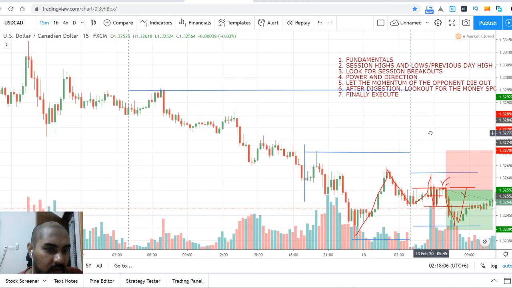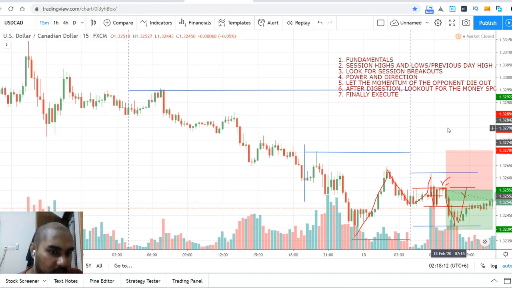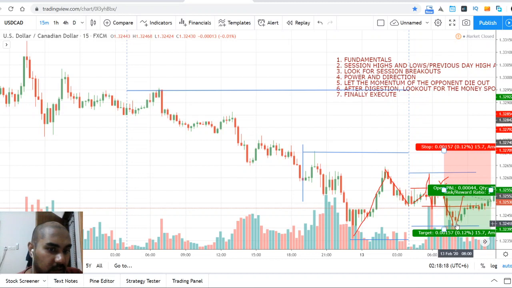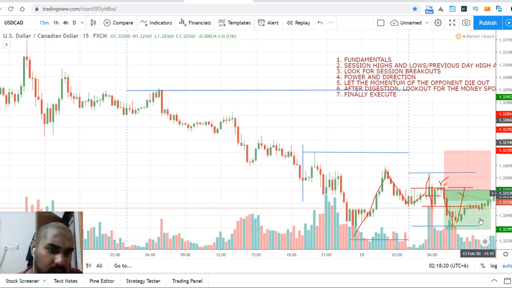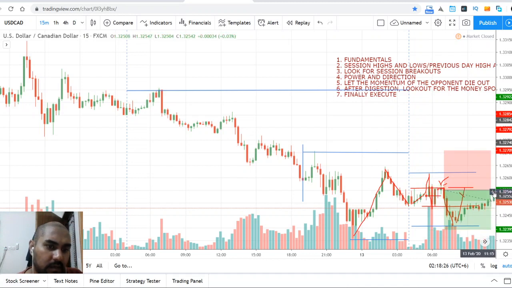Next candle. Okay, so prices are coming back to my selling rate. Okay, the next one. Prices have come back very slowly, but after this move prices have come back like 100%. So I have made no money here. All right.